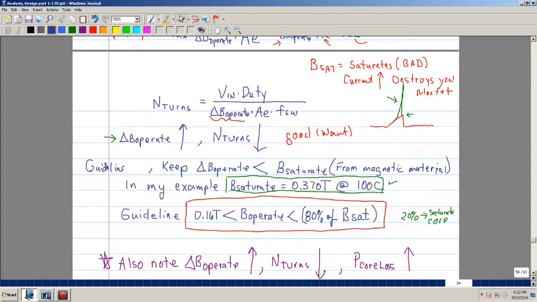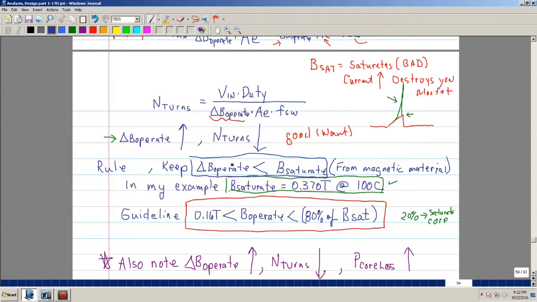That is correct, what I had before. It's a rule. This was the rule. Basically what I'm saying is this part, that your delta B operate should be less than your B saturate. That's a rule. Never violate that.